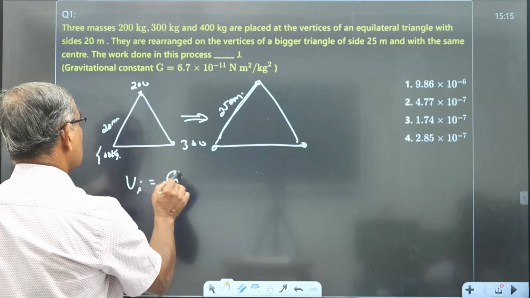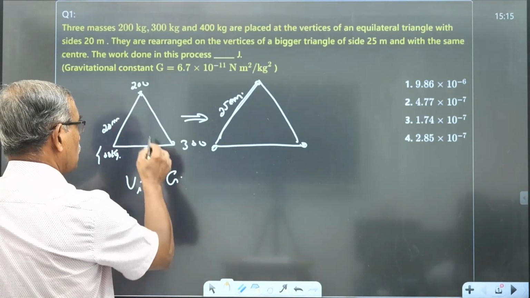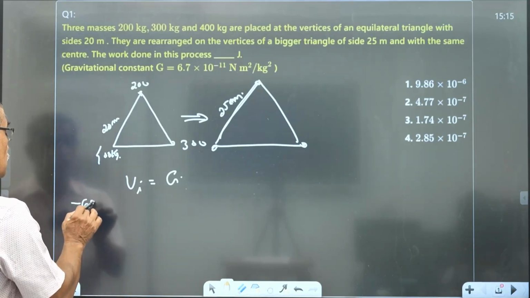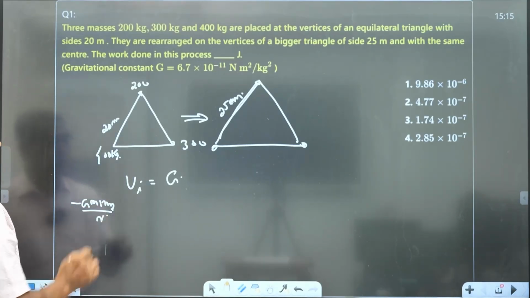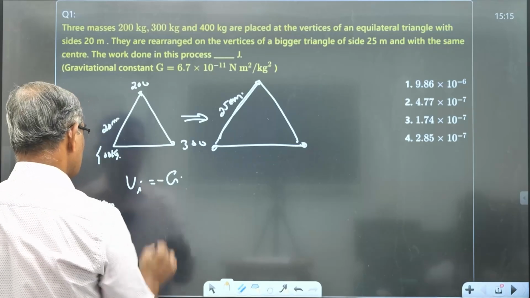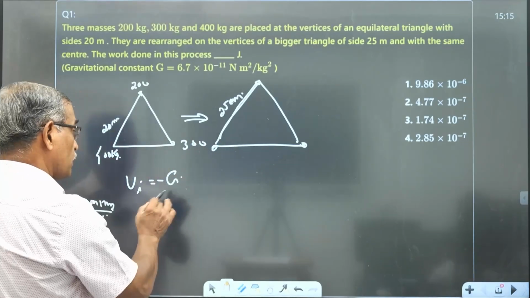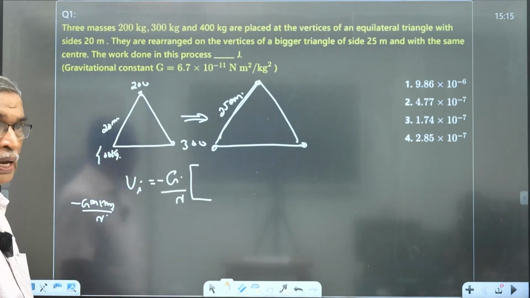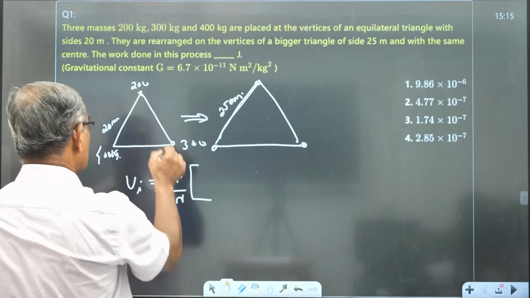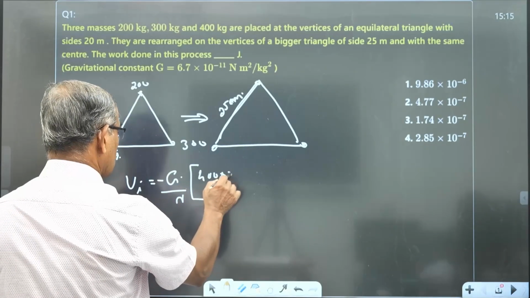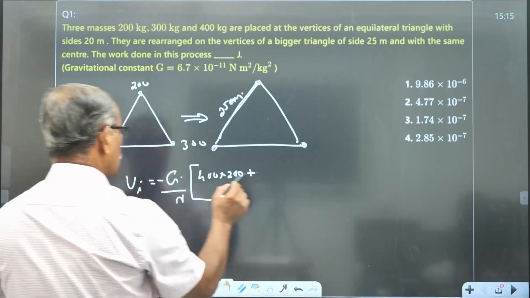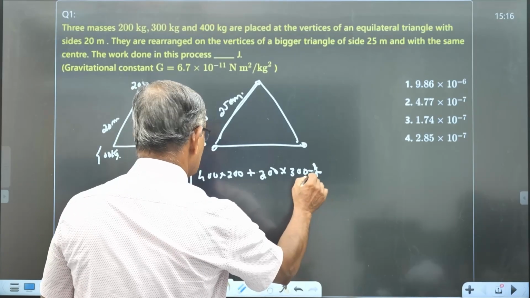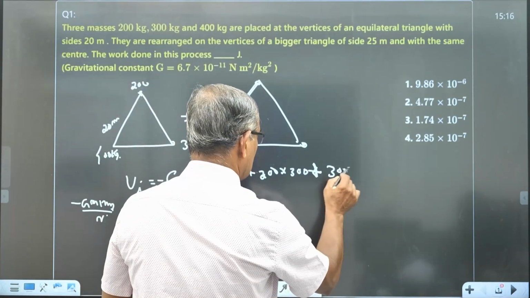The basic formula for potential energy is minus G m1 m2 by r. The r is the same for all of them, and therefore it is minus G by r into the sum of three terms m1 m2: 400 into 200 plus 200 into 300 plus 300 into 400.